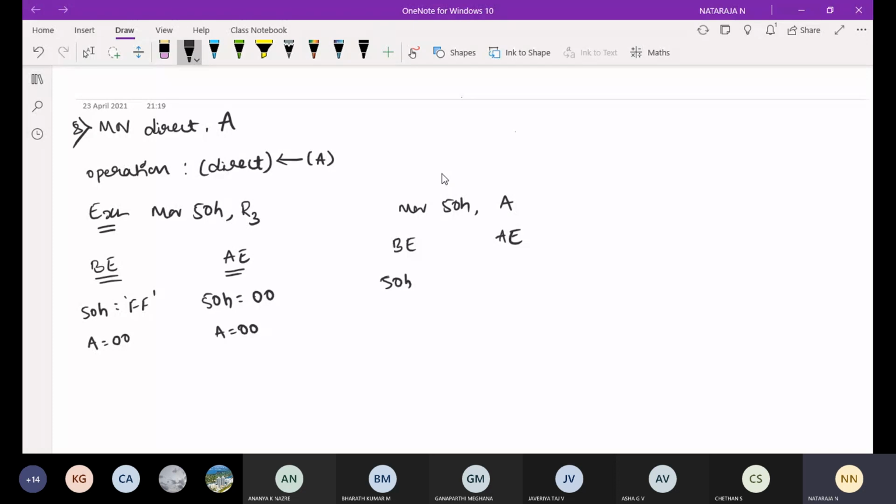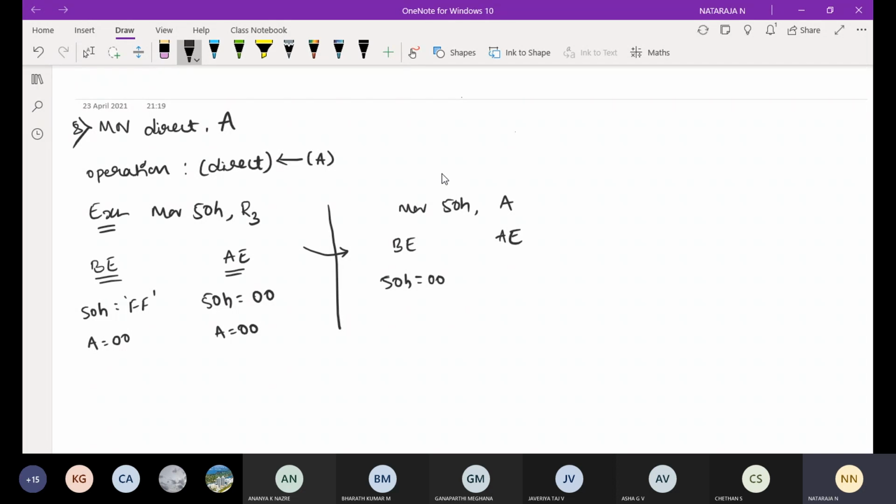Now consider that after this first instruction, the second instruction is executing. Before execution of this instruction, we have already discussed it. After we execute it, in 50h we have 00. What about the accumulator?